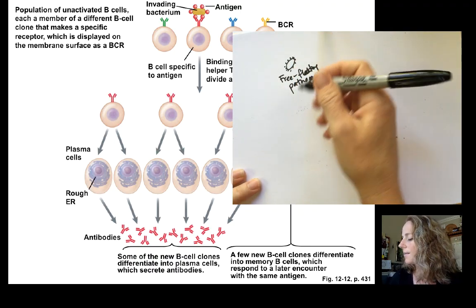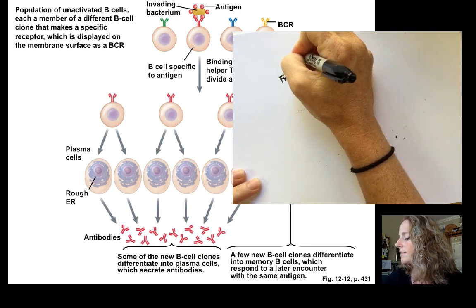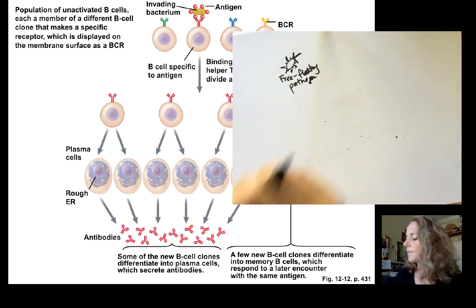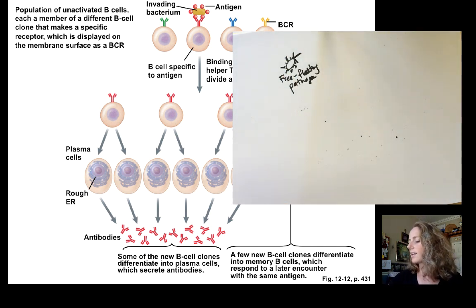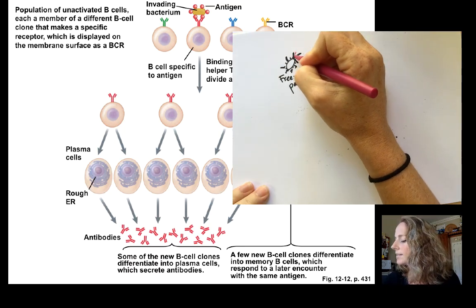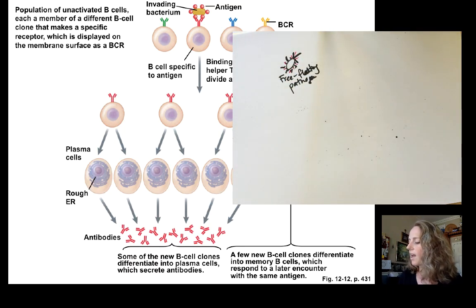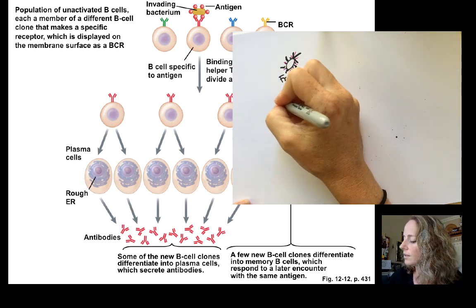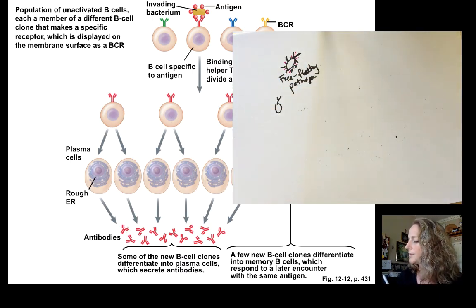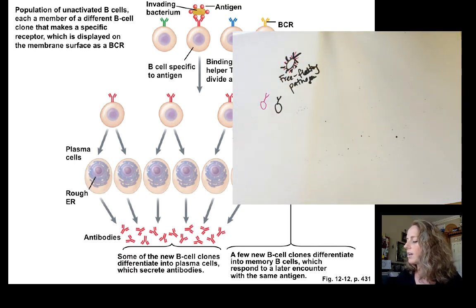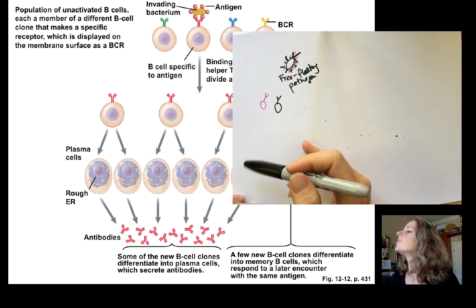That bacteria is going to have on it some molecules that will be specifically recognized by our B cells. So we have B cells with specific receptors for those specific portions of the pathogen.